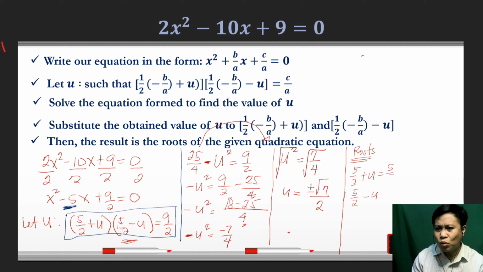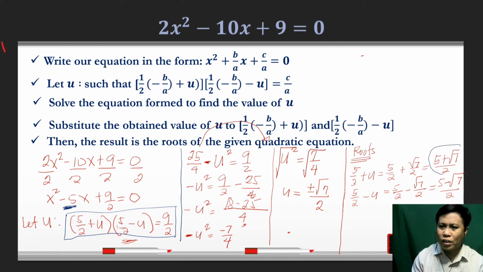So 5 over 2 plus square root of 7 over 2. They have the same denominator, so we can immediately add the numerators. 5 plus square root of 7 over 2. And this one, 5 over 2 minus square root of 7 over 2, so we have now 5 minus square root of 7 over 2.